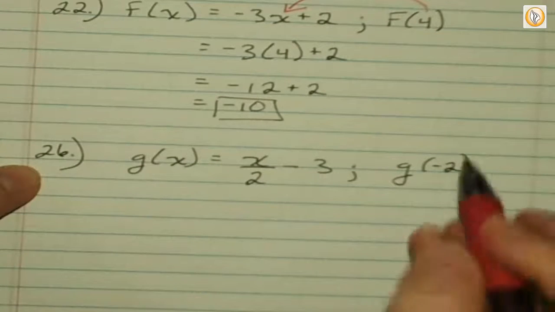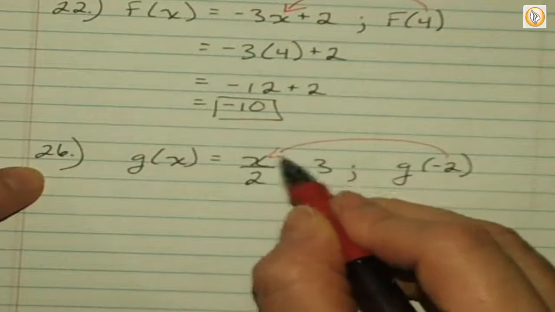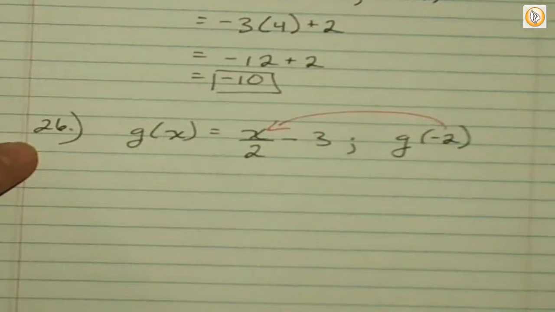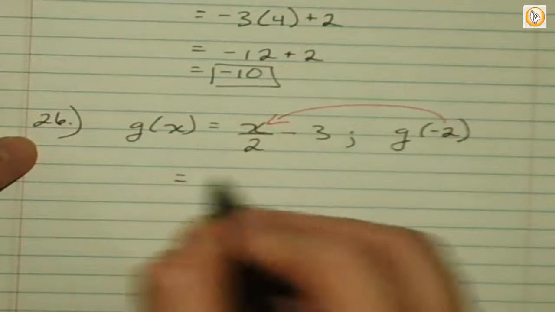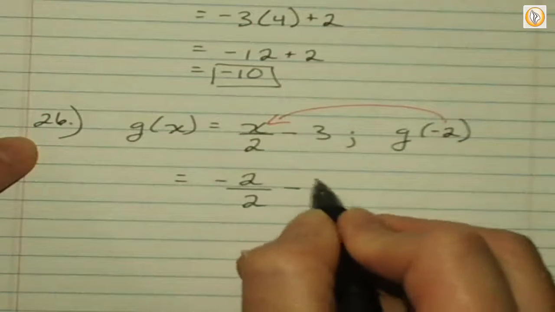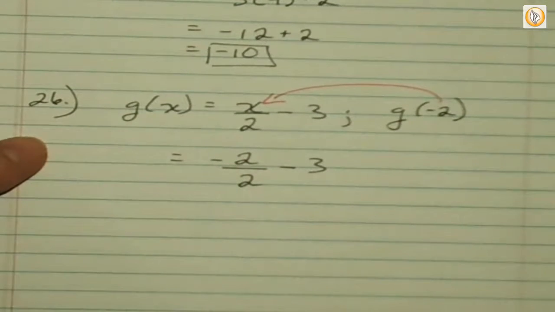So they're basically saying replace the x right here with negative 2. Do y'all see that? All right, so I'm going to replace it. I have negative 2 over 2 minus 3. Do y'all see that? Yes.